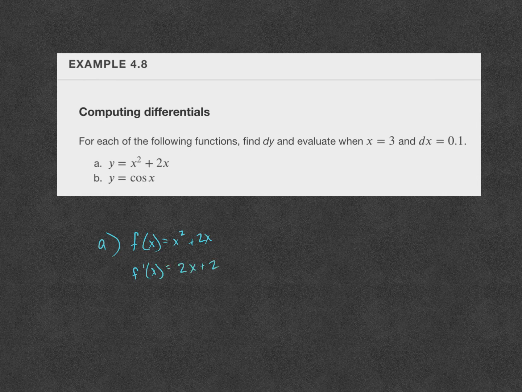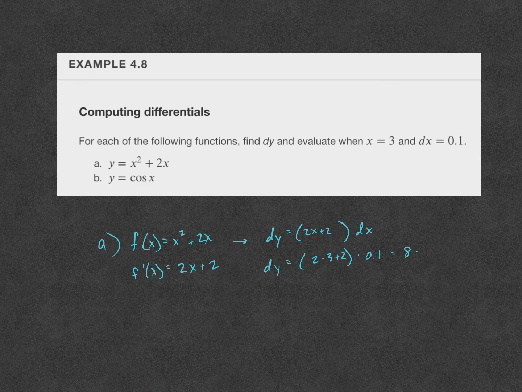All right, so in order to write the differential here, the differential equation looks like this: dy equals, and I'm going to put the f prime of x, 2x plus 2, in parentheses, times dx. So if I plug in my point and my small change in x, I will produce the small change in y. dy equals 2 times 3 plus 2, times 0.1. 2 times 3 plus 2 is 8.